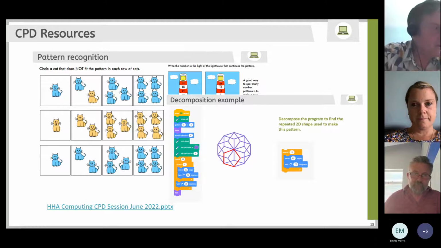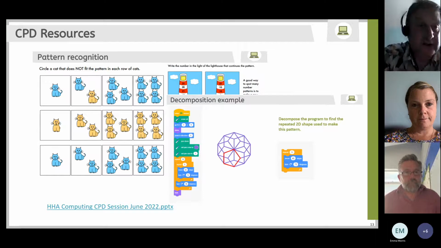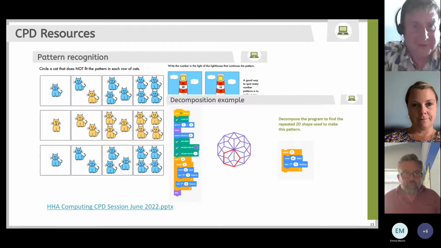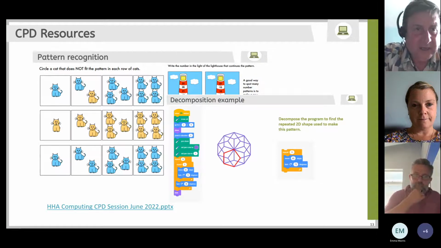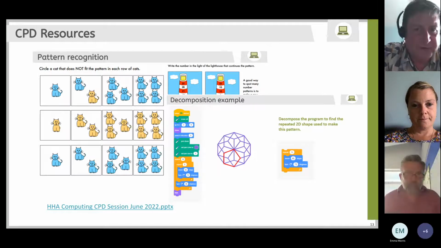I'm just sharing also on this slide some work I did at High Hazels a few weeks ago. I won't go through it all, of course, but there is a PowerPoint slide if you want to do some CPD next year, not just about pattern recognition. It was about progression in computing, and this particular slide looked at some of the unplugged activities you can do.